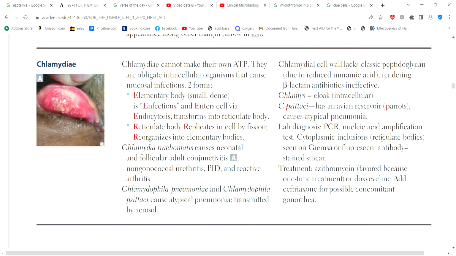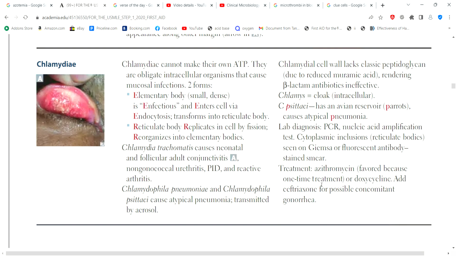And then Chlamydia trachomatis causes neonatal and follicular adult conjunctivitis.